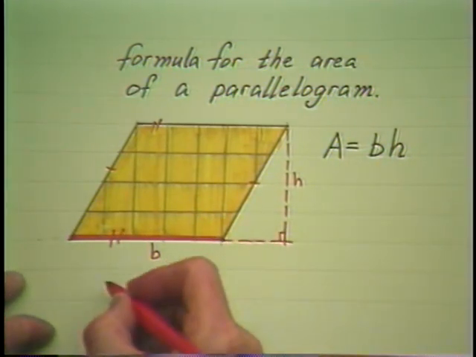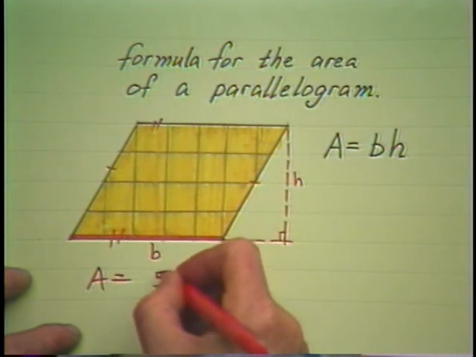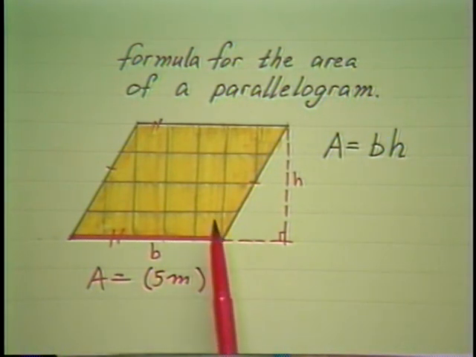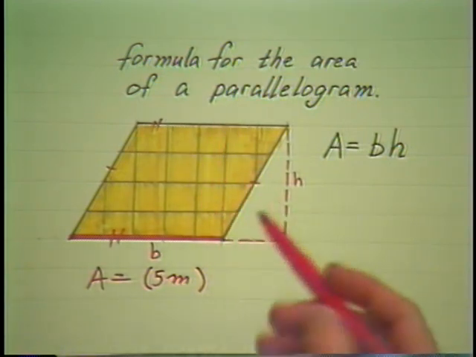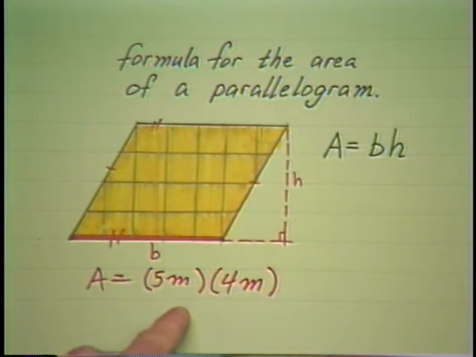So we can see that the length is 1, 2, 3, 4, 5 meters, and the height is 1, 2, 3, 4 meters. So base times height.